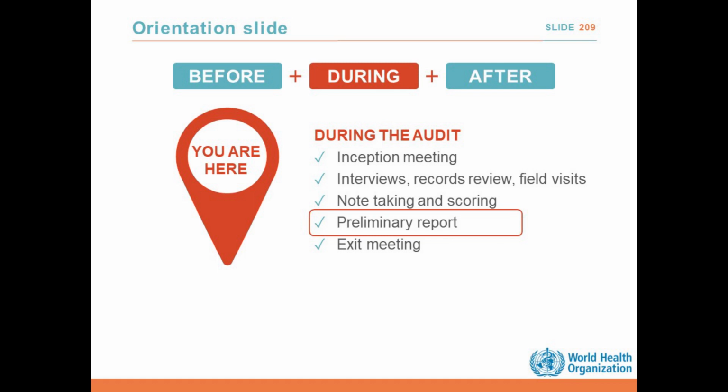And we've taken good notes along the way, and we've carefully assigned scores to some or all of our audit criteria. We may or may not be done with that at this point. And now we are at the point where we will prepare a preliminary report of key activities and findings to present at our closeout meeting with the water supplier.